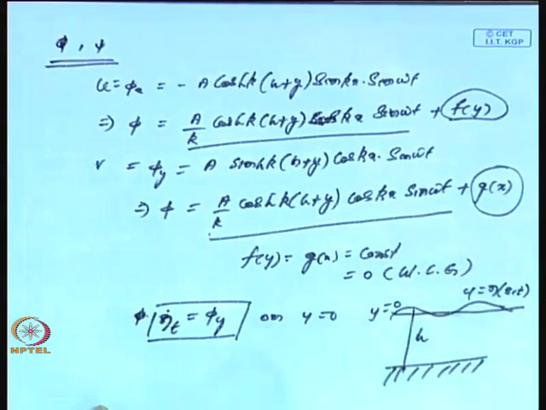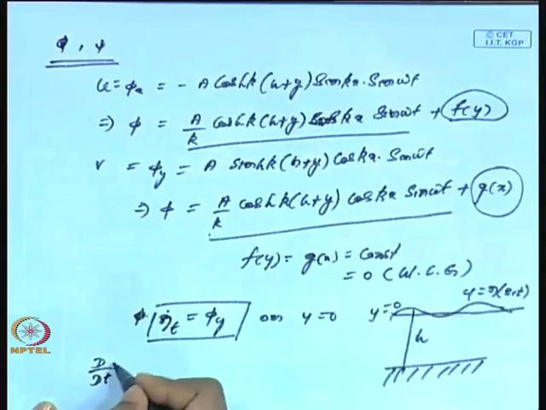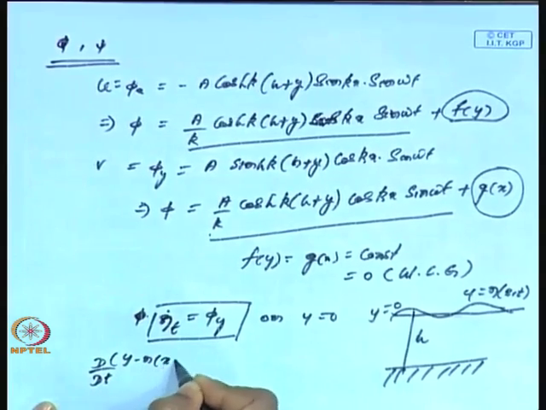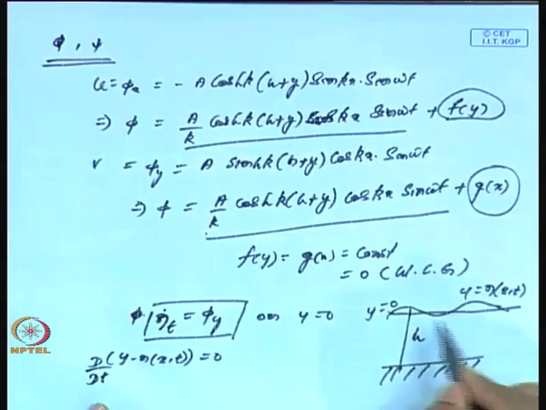We have just derived that on this surface, in the linearized case, d by dt of y minus eta of x, t is 0, because it is a boundary surface, the surface of the fluid.